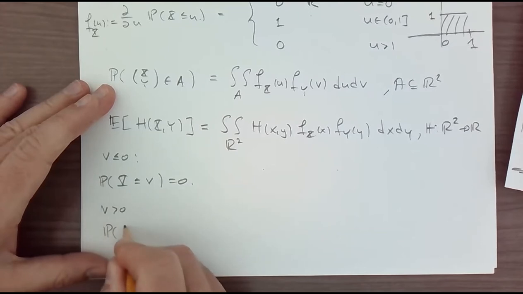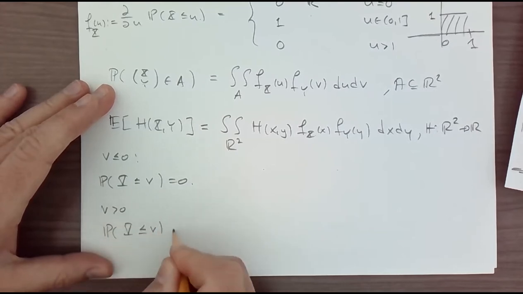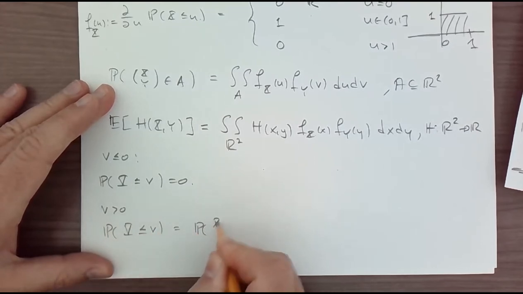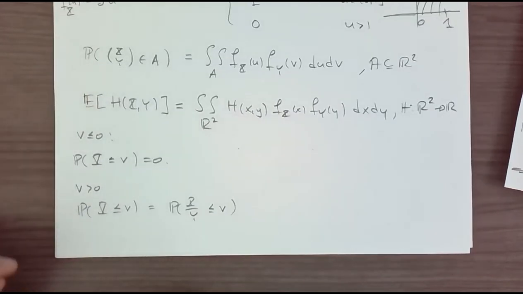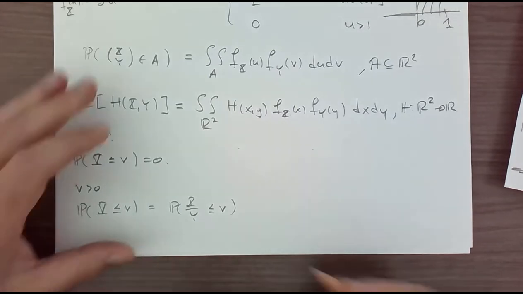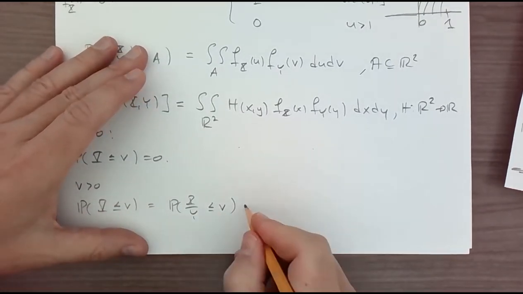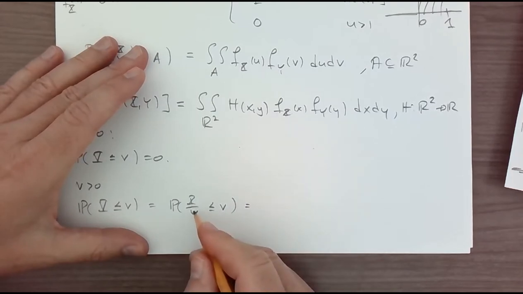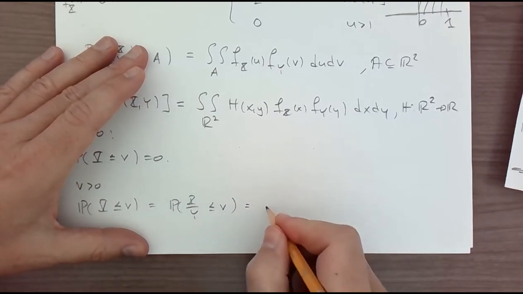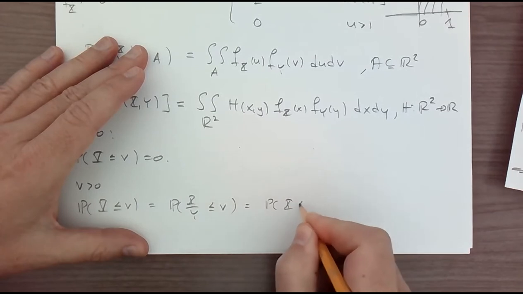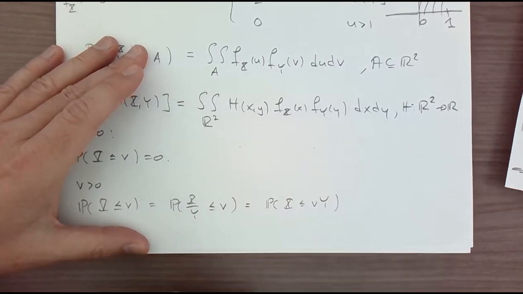So what's the probability that V is less than v? Well, we'll start by plugging in the definition, X over Y. And then I know that Y is not negative, so I can multiply through. I'll get that X is less than vY.